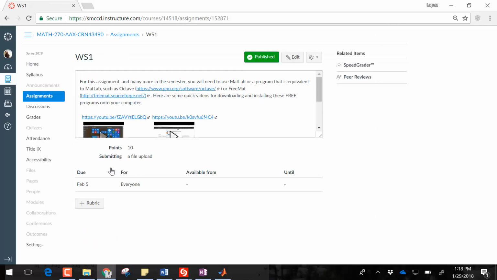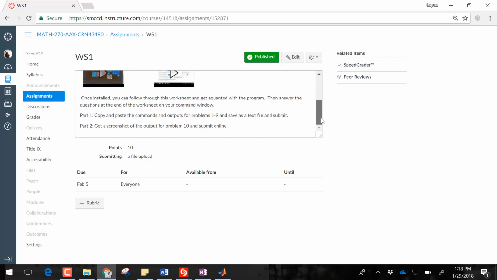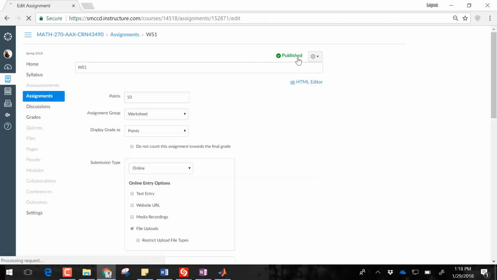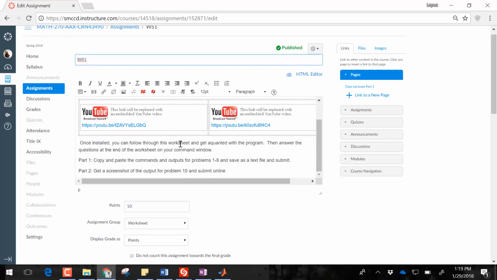It's not so special, it's just a worksheet where you have to download either MATLAB, if you want to pay for it, FreeMat, which is free, or Octave, which is free, and walk through some commands from a worksheet. Oh, it doesn't have a link yet. Let's put the link for the worksheet. So there's a worksheet for you.